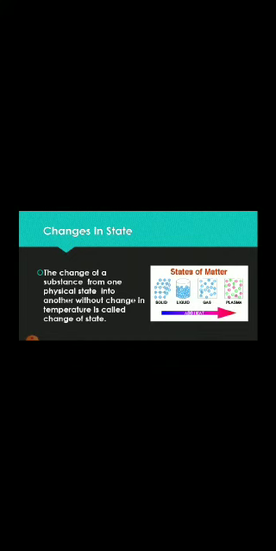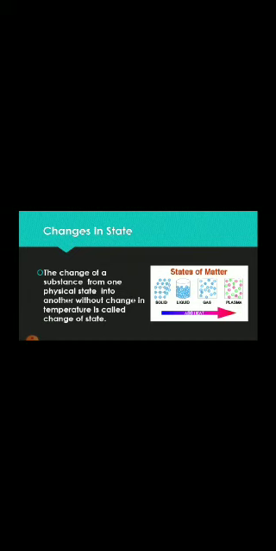Whatever amount of heat is given to that solid at that moment, all the heat is used to change the state from solid to liquid. That's why no temperature rise occurs. Okay, students? So there will be no temperature change whenever a change of state occurs from solid to liquid or liquid to gas.